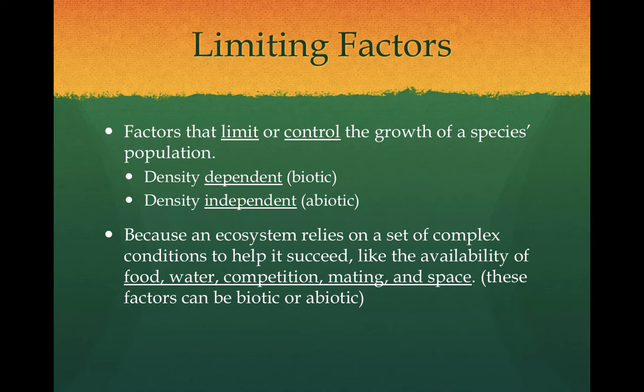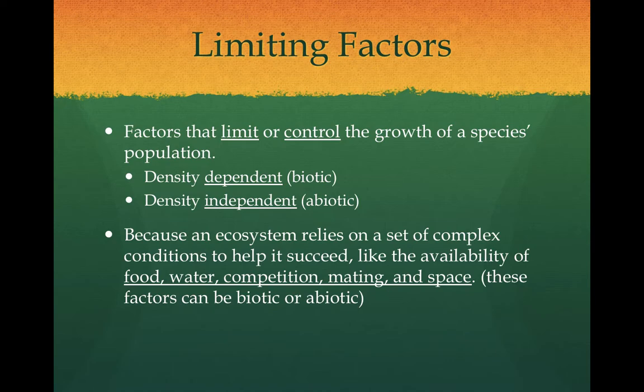Whenever we talk about an ecosystem, we have to talk not only about the parts of the ecosystem, the factors that exist inside of it, whether they are living or non-living. We also have to talk about how a population is actually controlled in an ecosystem.